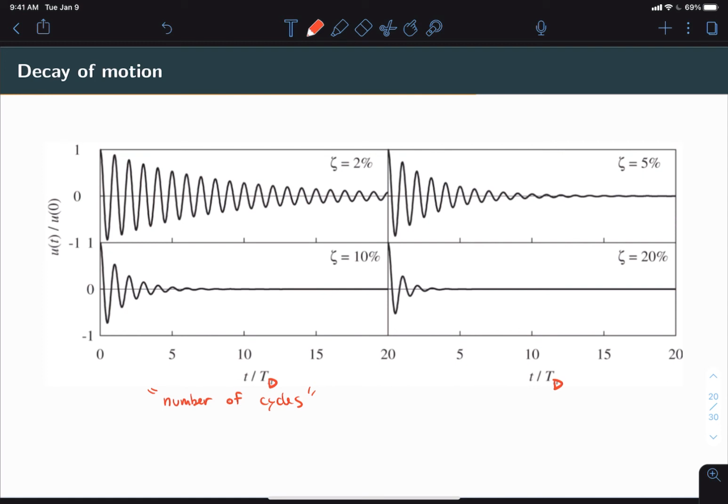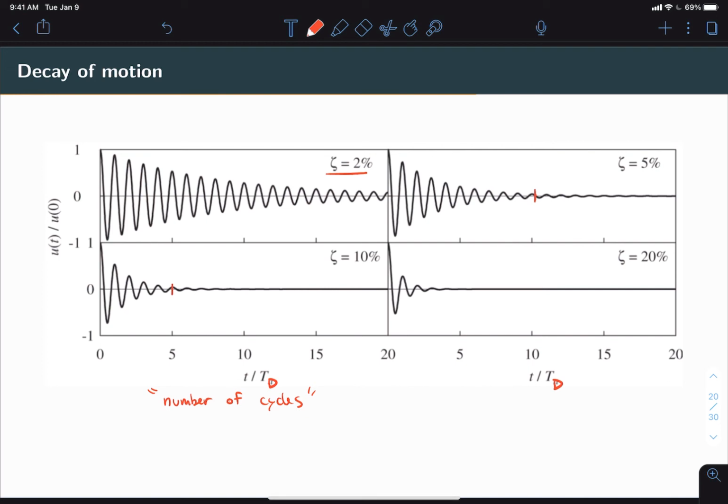So here we have an example of 2% damping, and we see that we have well over 20 oscillations before we get to 0. Then at 5, we have about 10 or so before it effectively reaches 0. At 10, we're down to about 5.